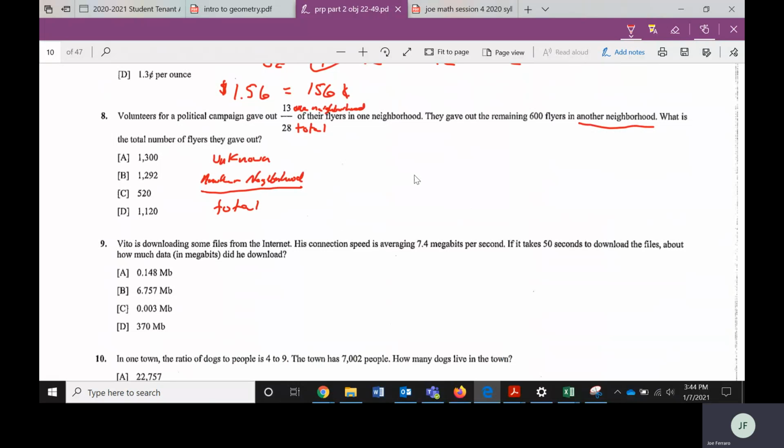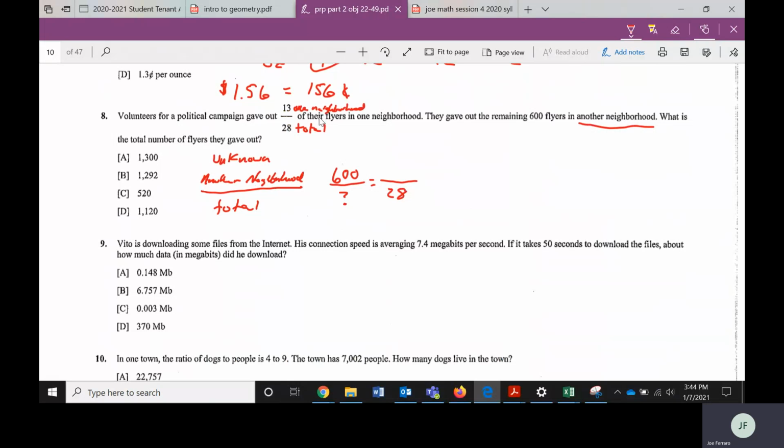So this is what we want. In the question, they want to know the total when 600 are given out in the other neighborhood. Let's see if that's what they give us. The fraction they gave us was 13/28 in the first neighborhood. So the 28 is the total, so that would go here.